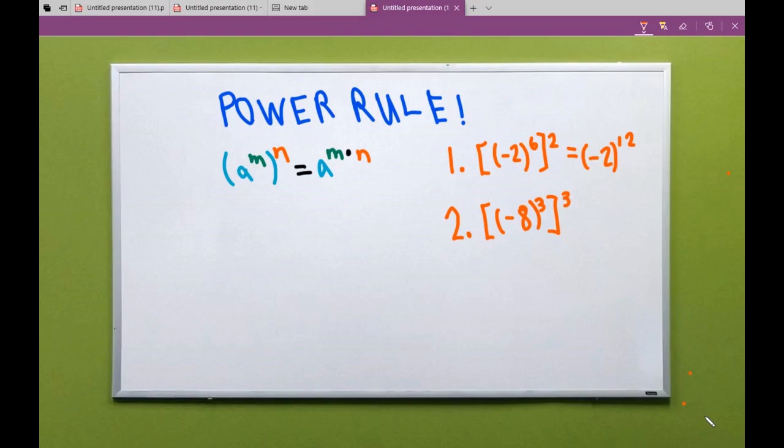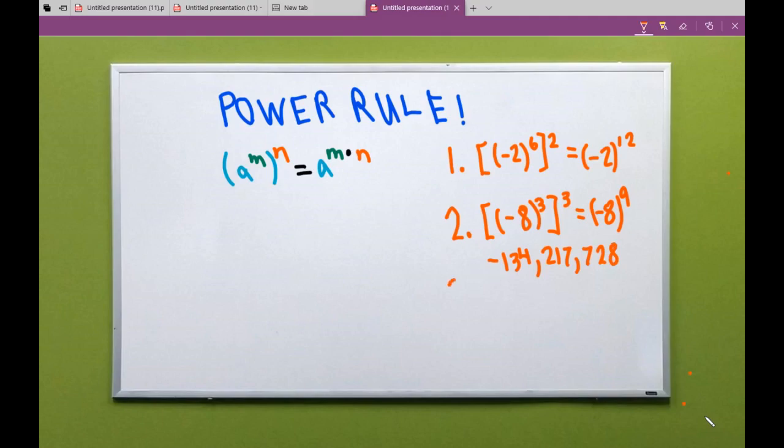So to get our answer, we're going to multiply these two by the 3 to get -8 in parentheses to the ninth power. And if you use your calculator, you'll see that the answer is -134,217,728. Okay.